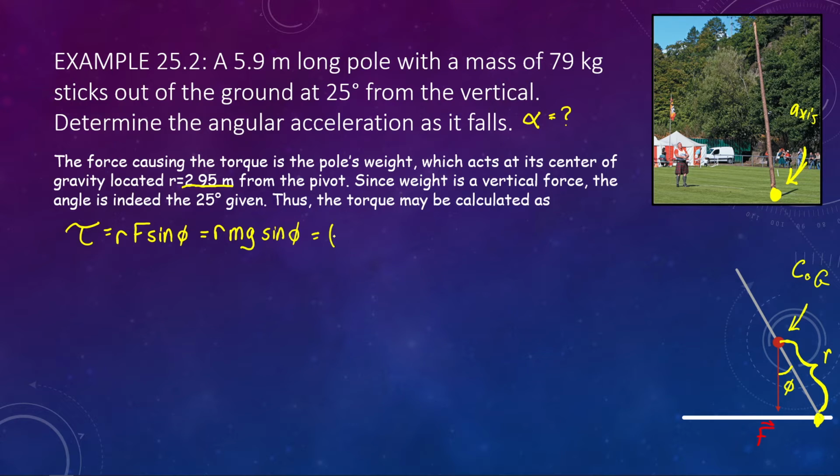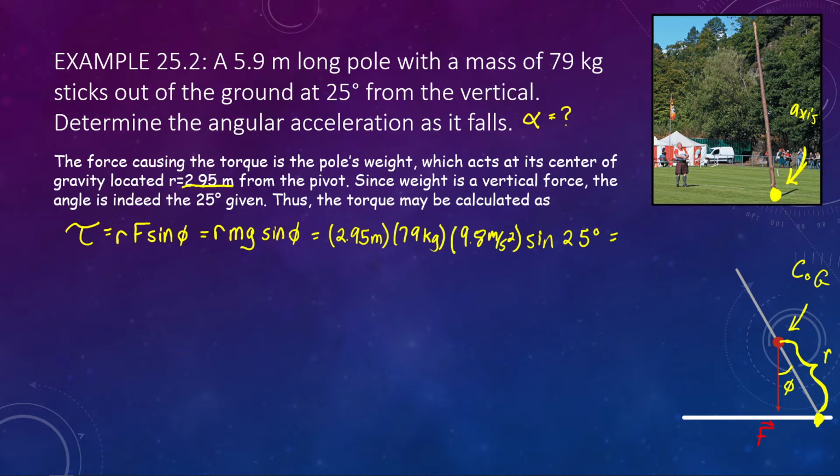We have the distance r, which is 2.95 meters. The mass, which is 79 kilograms. g, which is our acceleration due to gravity, the same 9.8 meters per second squared we've always been using. And then times sine of our angle, 25 degrees.